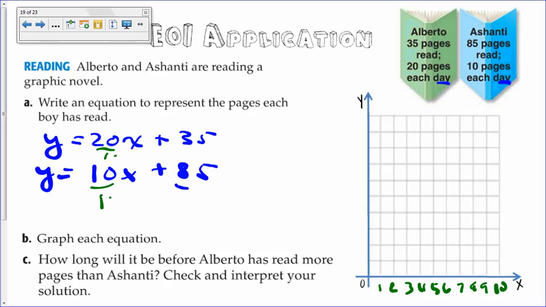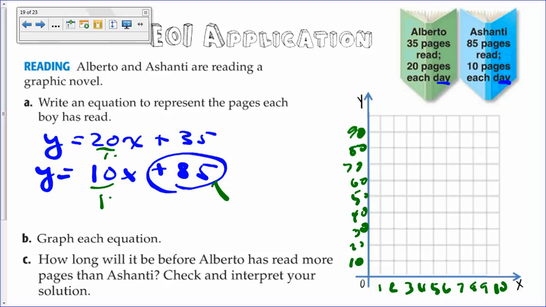I've got to at least get up to 85, don't I? So that first notch is going to be 10, 20, 30, 40, 50, 60, 70, 80, 90. Now I've gotten up to my 85, haven't I? That's my highest number there.